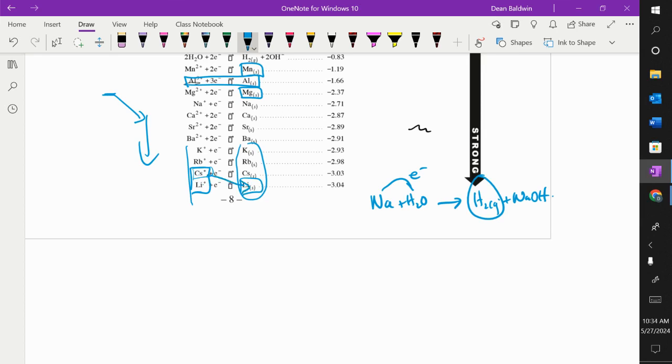So Cs plus with Li solid is spontaneous, but Cs plus with Li plus will not be.